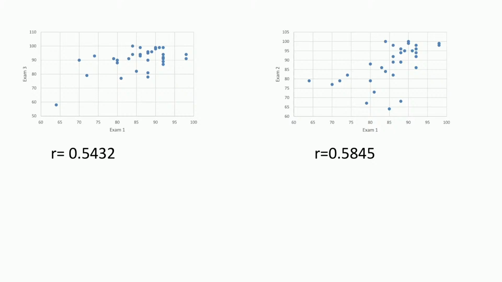I mean, despite the fact that this one's bigger than this, it almost looks like this has more of a trend than that. There is a trend that as exam 1 goes up, exam 3 also goes up. So same thing here with these two exams. There's a trend that goes upward. That's what we're looking for. That's what we're trying to understand.